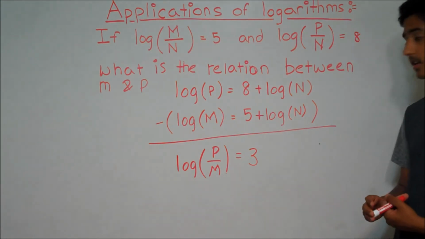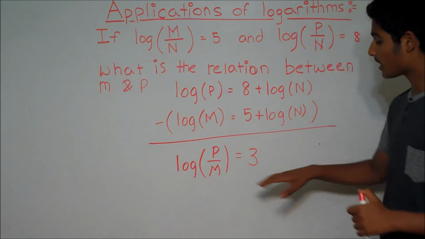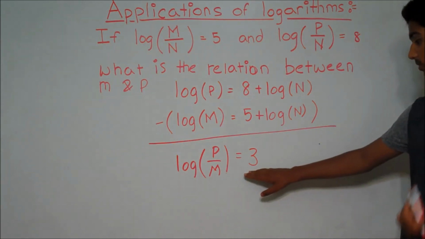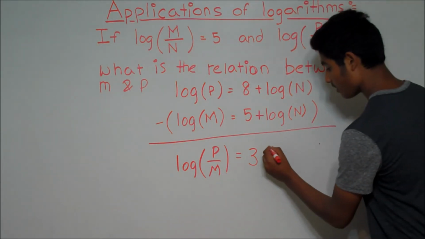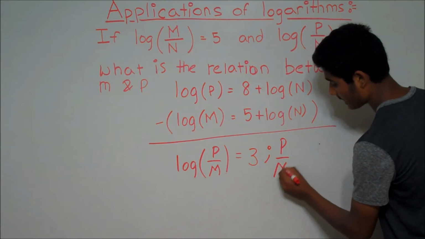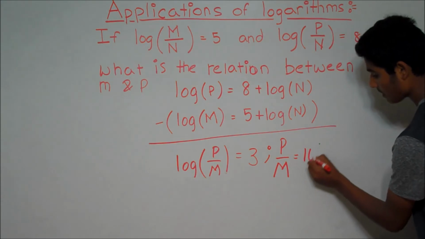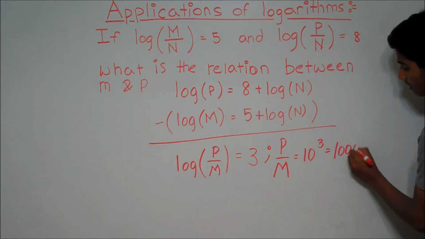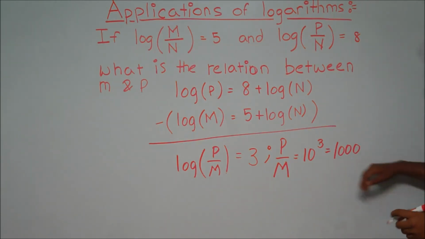To expand this logarithm, we know that this value, 3, is the exponent of the base, which is 10. So p over m, which is the answer, is equal to 10 to the third, which is equal to 1,000.